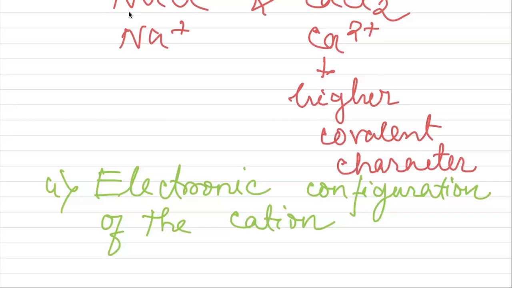I'm again repeating, cations with 18 electron shell configuration cause greater polarization than cations with 8 electron shell configuration. Why? Let's see with an example.